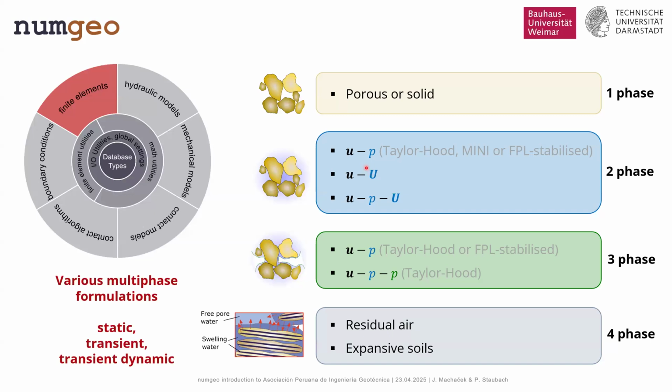Now this formulation is especially suitable, for example, if you want to model suction buckets, so suction caissons, or you have dynamic loading of a saturated soil, of a soil with a very high hydraulic conductivity, and at the same time high frequency. For example, if you have a vibrating foundation with up to 25 or 30 hertz, this formulation could be interesting. And of course, you can combine both formulations.